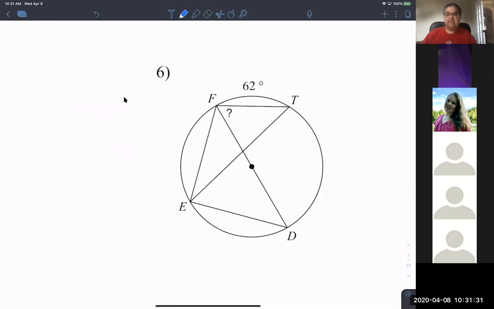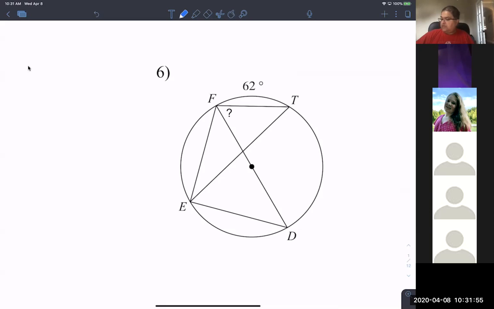Number 6. Let's do number 6. It'd be 180 minus 62, which is 118. So half of what is the 118?